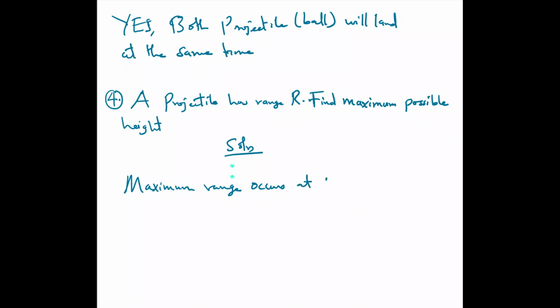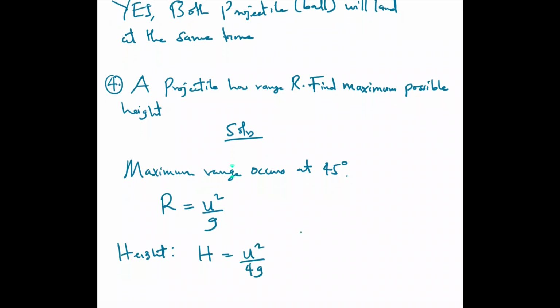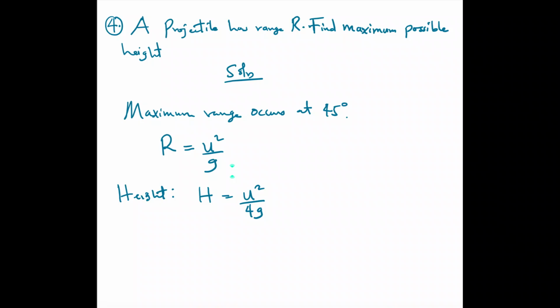If the maximum range occurs at 45 degrees, that will make r equal to u squared over g. And we know the height is h equals u squared over 4g.